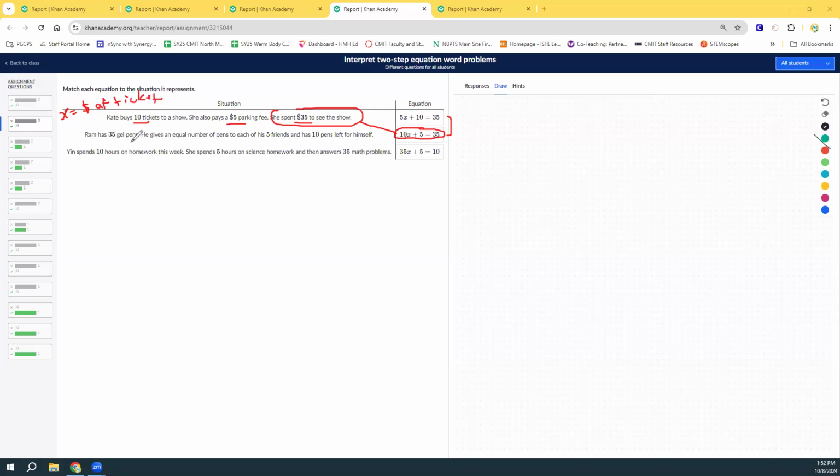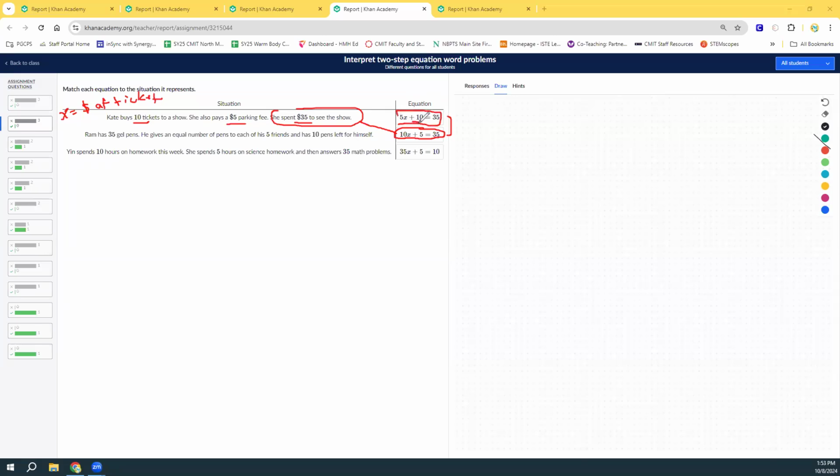All right, Ram has 35 gel pens. He gives an equal number of pens to each of his friends. Sounds like division here. And 10 pens left for himself. So sounds like this one right here, right?